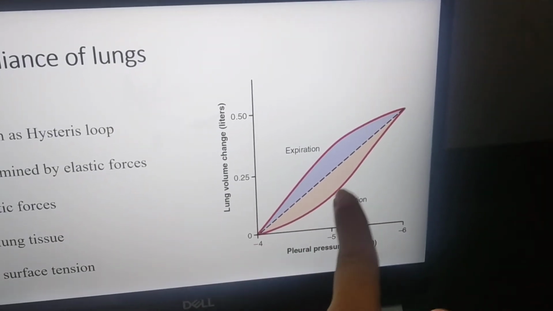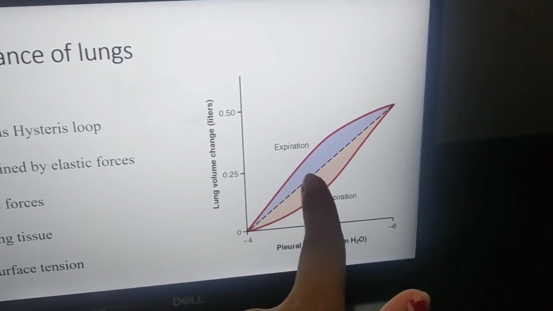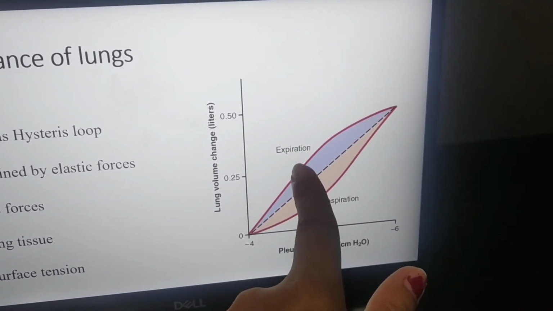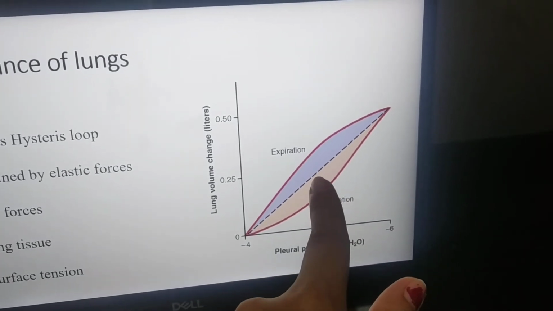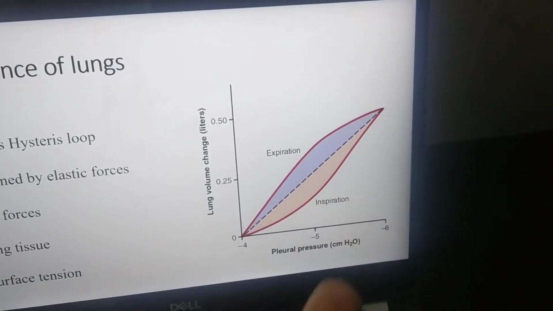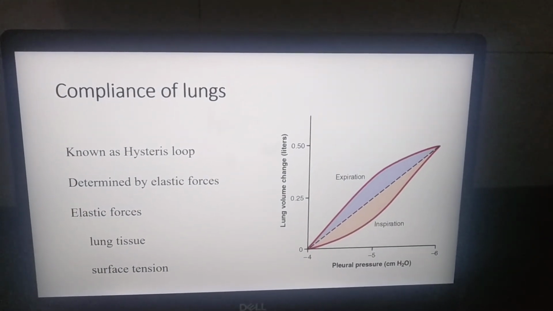Now this is the inspiration curve, recorded during inspiration, and this is the expiration curve. Together they represent the compliance, and the area between these two curves represents the work of breathing. This compliance diagram is also known as the hysteresis loop.